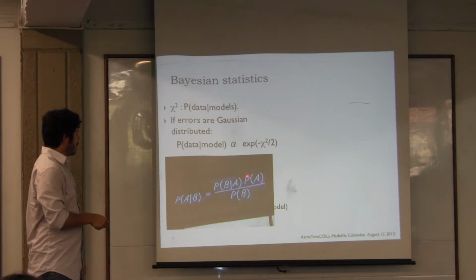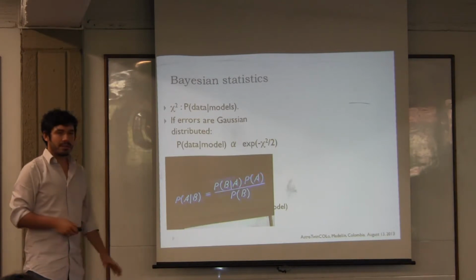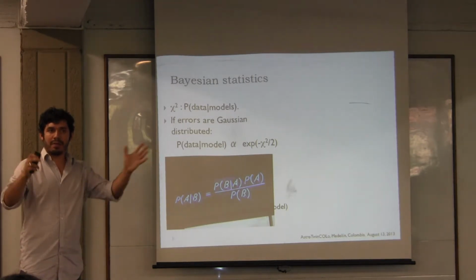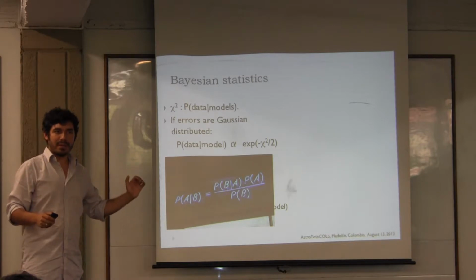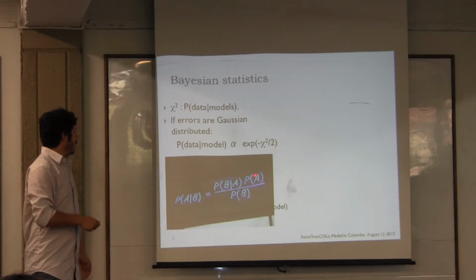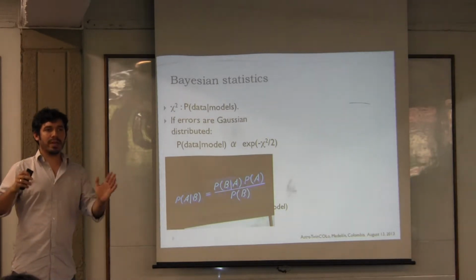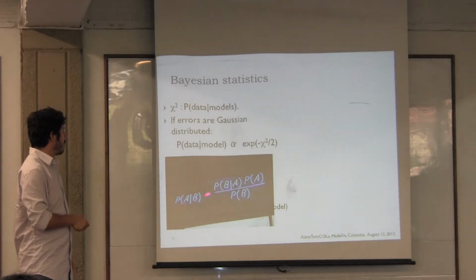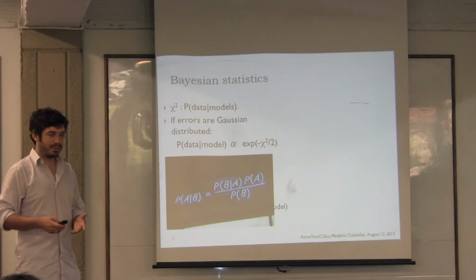So this term here contains any information you independently know about the parameters. So you have a model, for example, the star formation rate in your model, and you can constrain that somehow by looking at some other indication. So you can include that information there to update your probability and get a more likely answer to your problem.